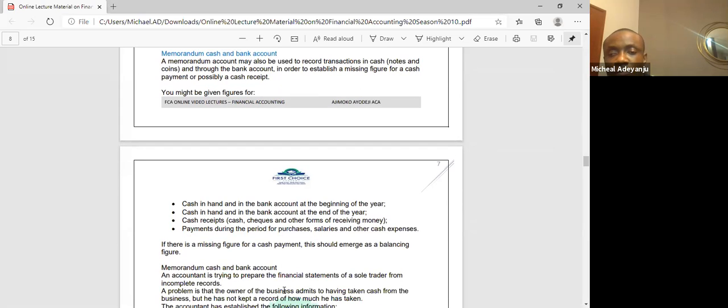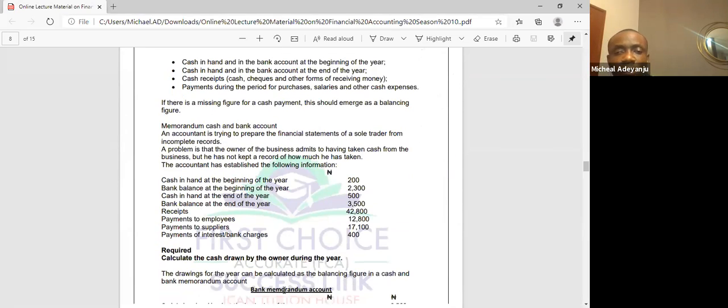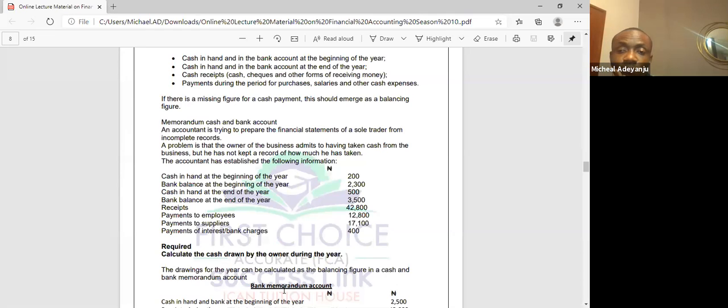So let's look at an illustration. A problem is that the owner of the business admits to having taken cash from the business, but he has not kept a record of how much he has taken. The accountant has established the following information. We have cash in hand for the beginning of the year.